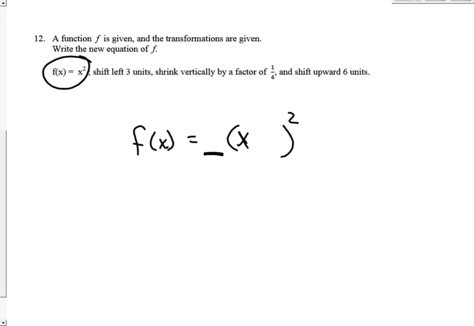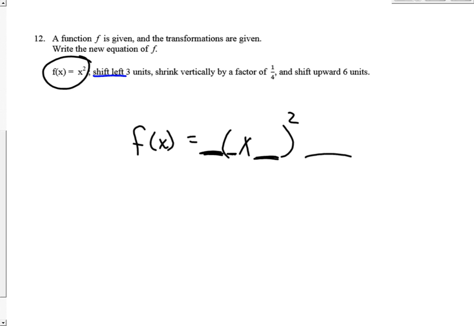I might need to put something in front of my x, and I might need to add or subtract something on the inside and afterwards. So I need to accommodate all 4 locations, the A, B, C, and D on our notes.